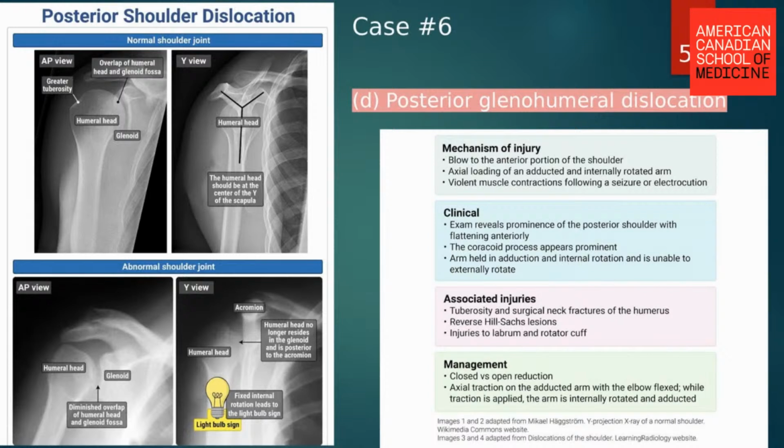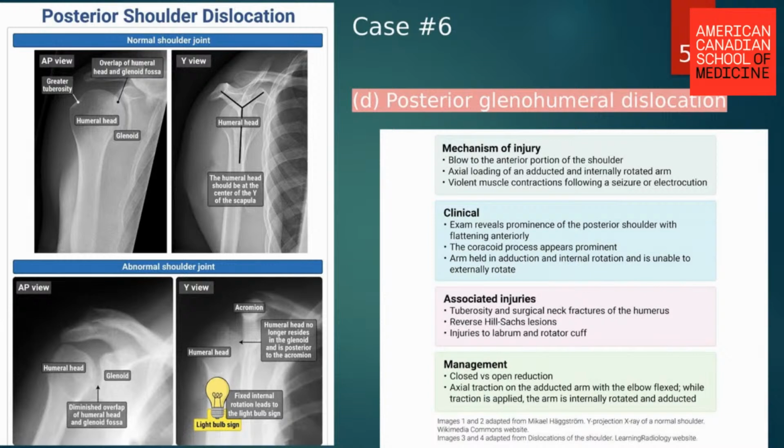So you see the humeral head twisted, it's called the light bulb sign, versus if you look at this particular one up there, you see the normal anatomy. This one, you can tell that it's rotated in a funny way. Maybe there'll be another view of that.